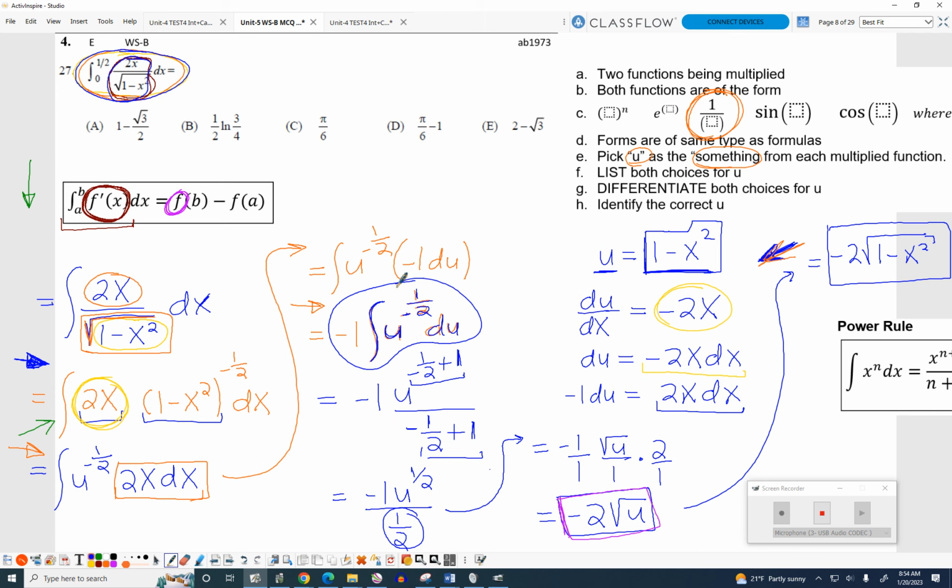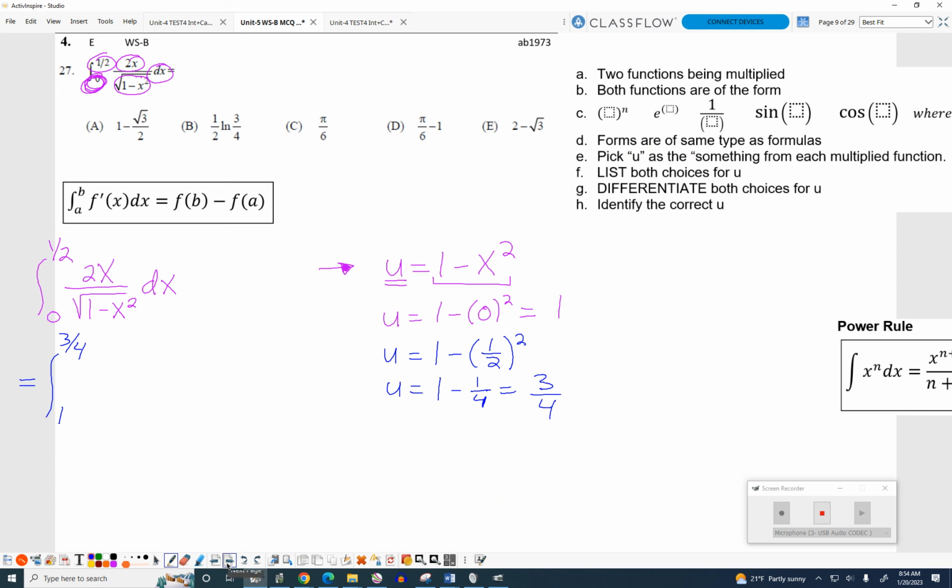So we write that down. There's a negative 1 out front, and we had u to the negative 1/2 du. Questions?